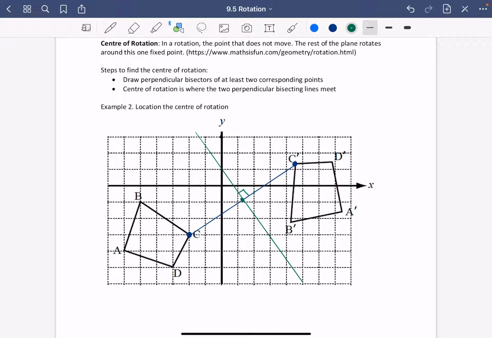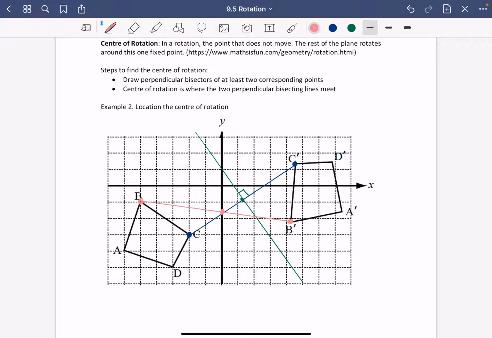And then you can choose another two corresponding points. So I'll do B and B prime then. Okay, connect. And so the center of the 2 points is about here.